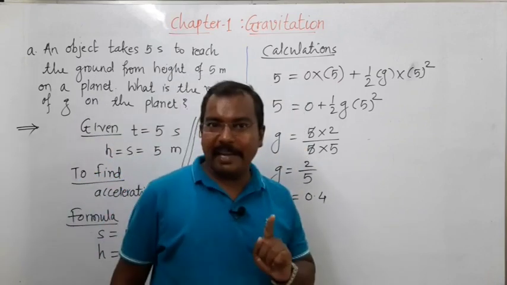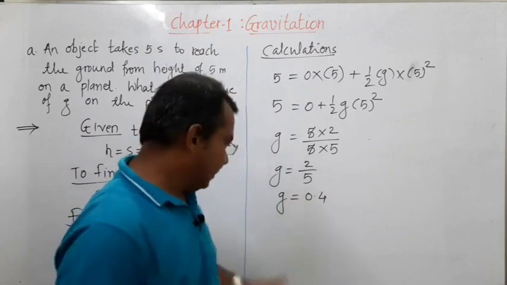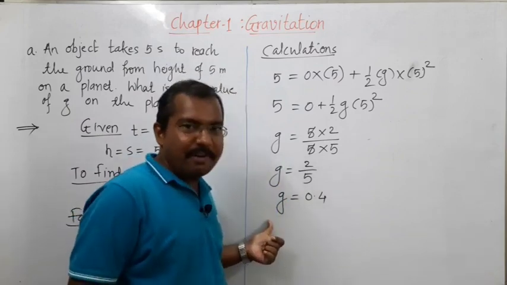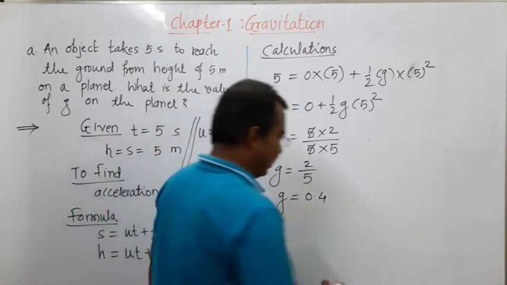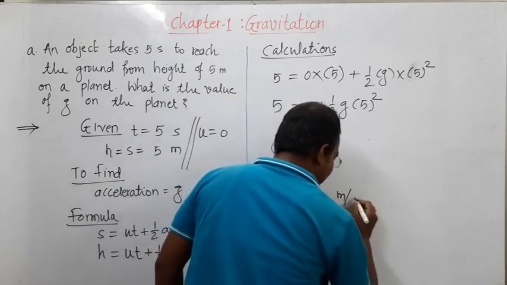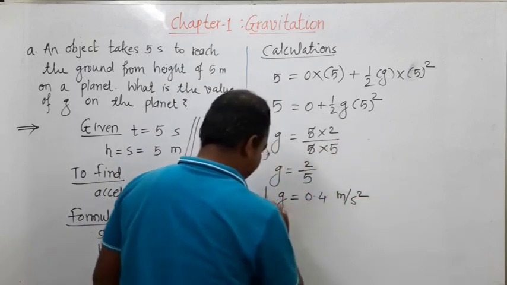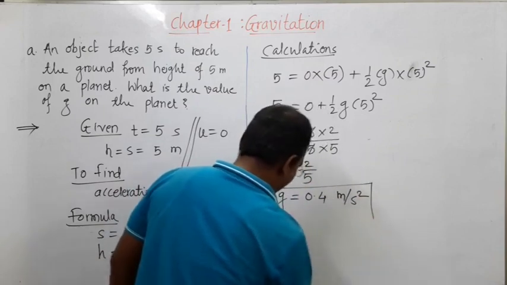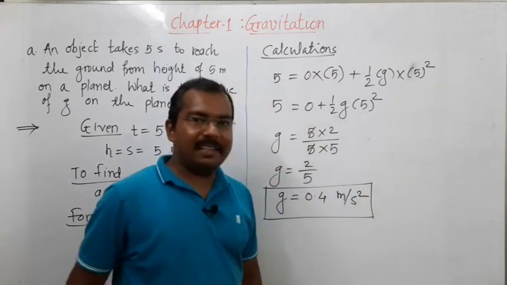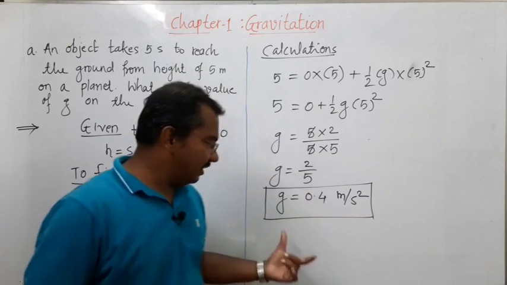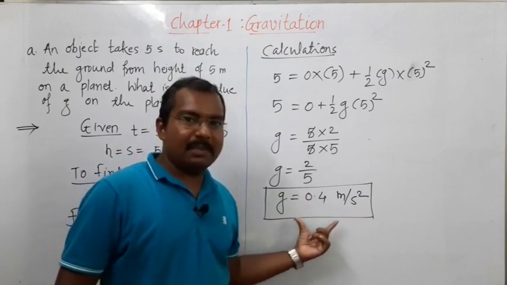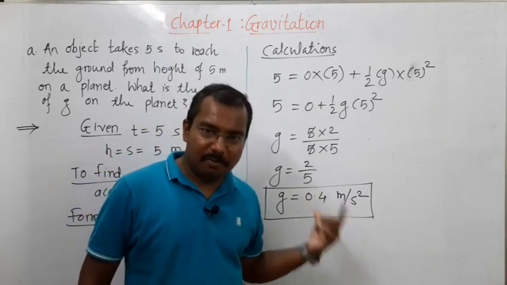Don't forget to write the proper unit. This is g, acceleration due to gravity on the given planet, and the unit of acceleration is meter per squared second. Put a box so that you can highlight the answer. So this is the answer for your problem given in your book.